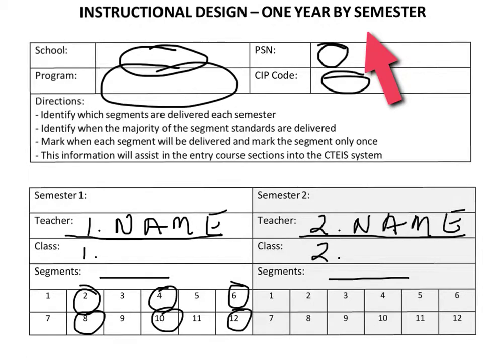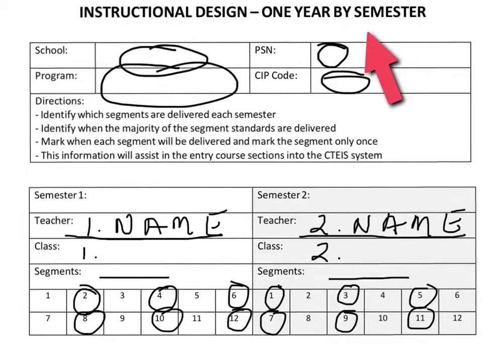Then the next teacher, our teacher 2, has to teach the following segments: 1, 3, 5, 7, 9, and 11. You cannot use any of those segments in a program twice. I don't care if you have 4 different courses and 4 different semesters. You cannot use any number twice in the same PSN and the same zip code.